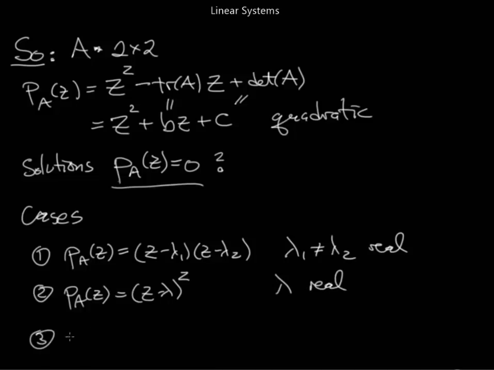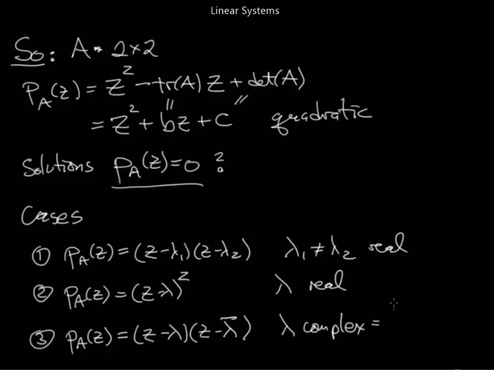And the third possibility is that it has a pair of complex roots. This should look very familiar from earlier in the course. It factors as z minus lambda times z minus lambda bar, where lambda is complex. So lambda is alpha plus i beta, and lambda bar is alpha minus i beta.